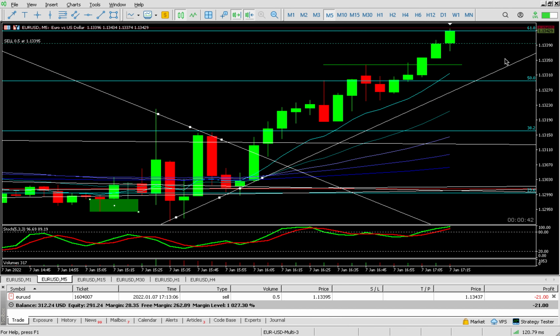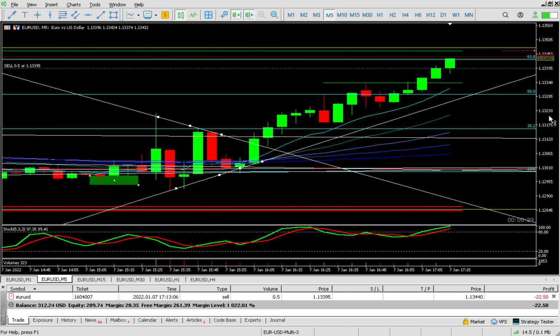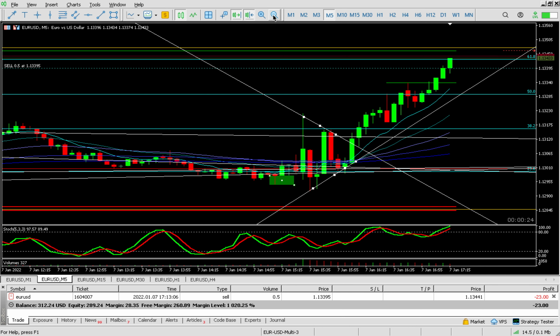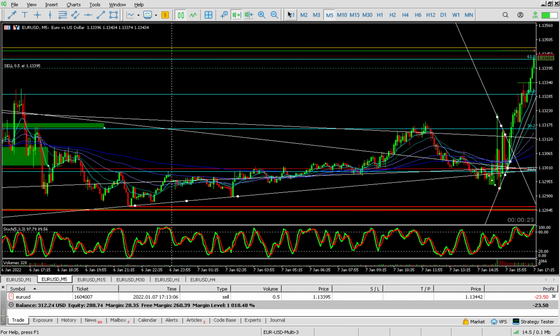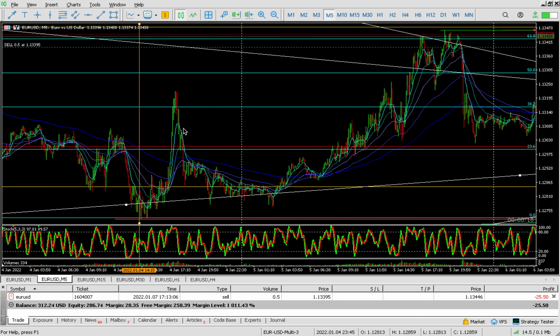So let's see what's actually happening. We're at the 61.8. Now, if there's no selling interest right here, but we need to be careful because, let's go back to the people that drew this fib.